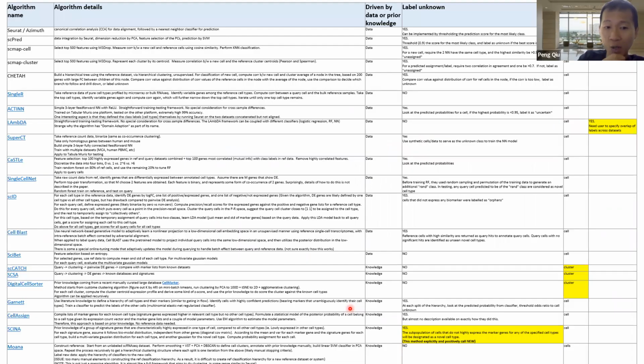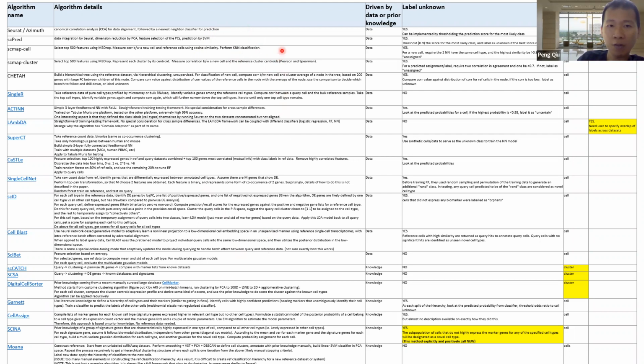One thing we did was go through these existing algorithms and do a quick summary of each of them. The text, of course, is too small for you to read. I also don't intend for you to read it on the fly, but afterwards you can go through this table and get some idea of the general strategy taken by each of these algorithms.